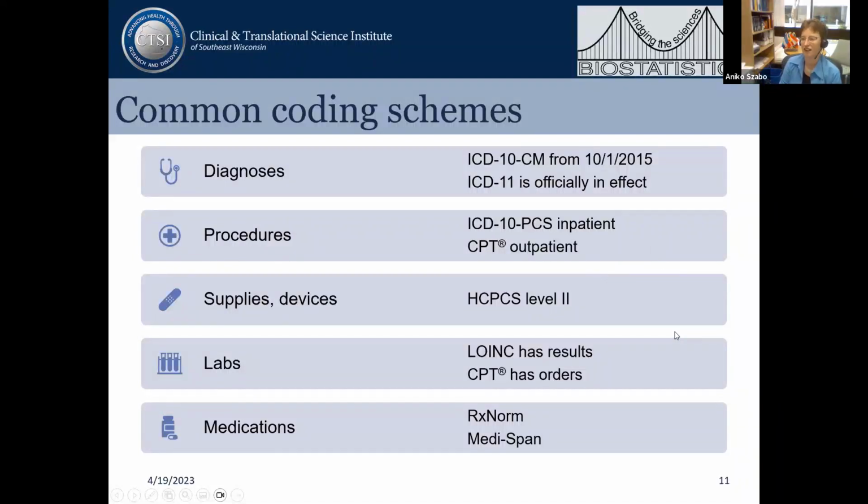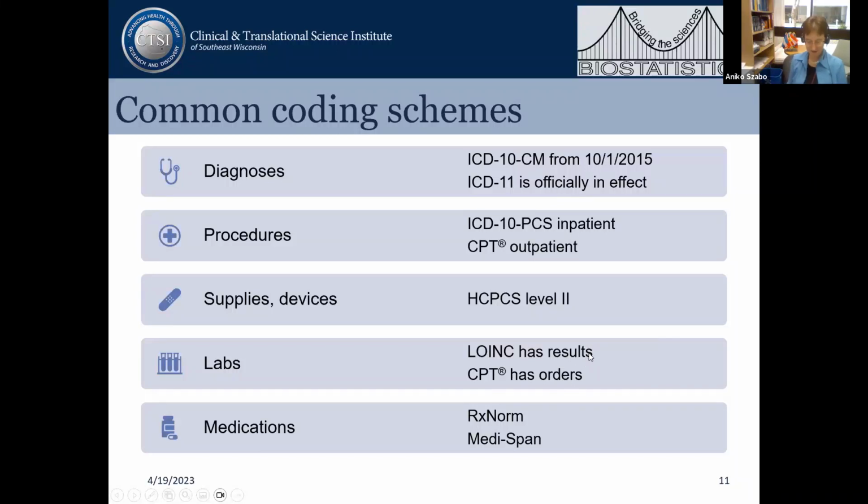It's also true for labs. It's good to know that sometimes labs use LOINC codes, and those are the labs that also have the result. So you would not only know that the lab was done, but you know what the result was. But CPT has lots of codes for labs when it is ordered. So with this one, you know the lab was ordered, but you don't know what the result was.